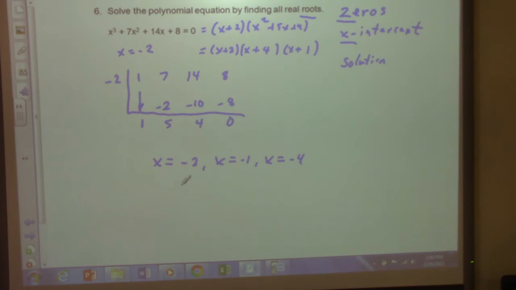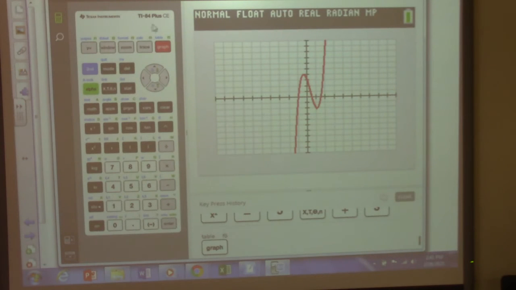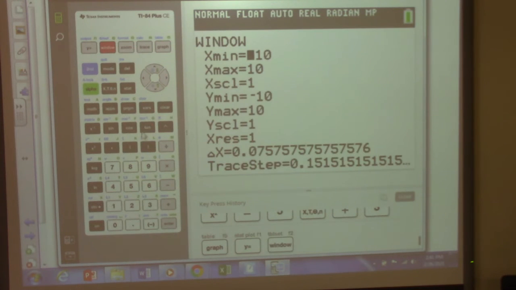Did you check that in the calculator too? That part I didn't get to. Let's go to the calculator quickly. So we got x cubed plus 7x squared plus 14x plus 8.